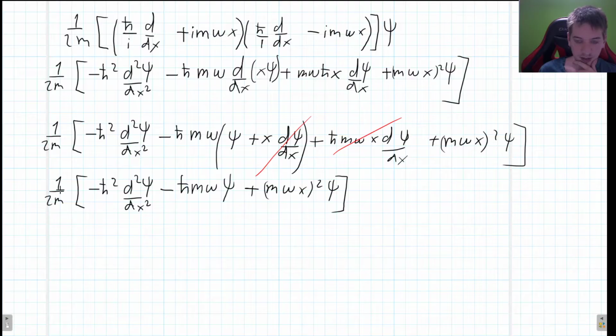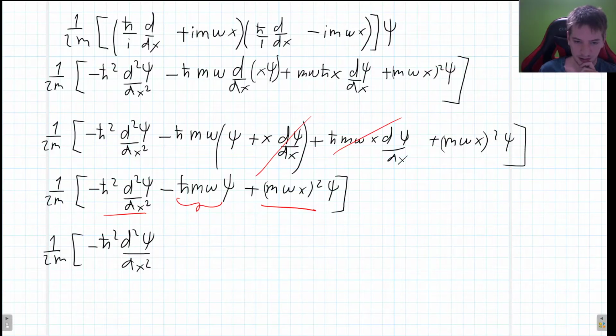So now if we separate this, I'm just going to put this term and this term together, and this third one will go outside. So I'm going to have 1 divided by 2m times minus h bar d squared psi dx squared plus m omega x squared psi.